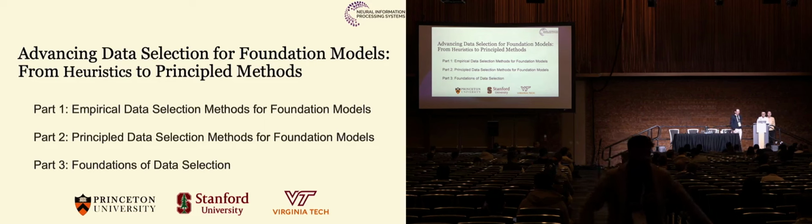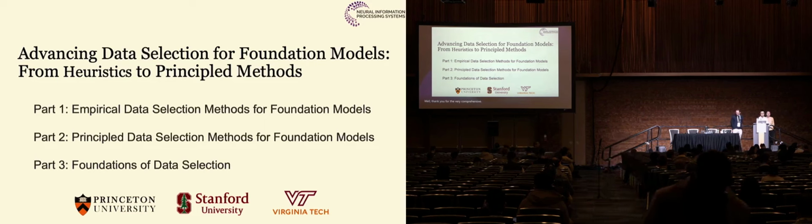Thank you for the very comprehensive coverage of this topic. I just have one question regarding the offline method. If my understanding is correct, both online and offline refer to using the same model to do both data selection and training, right?